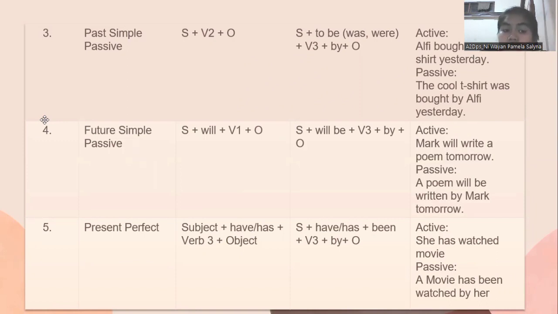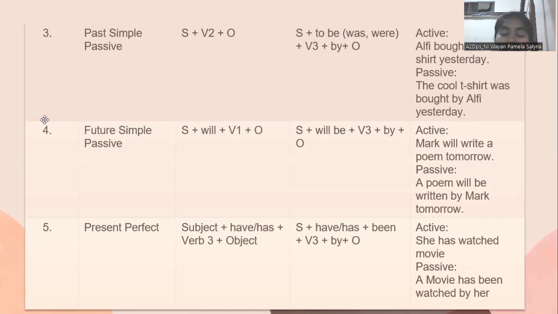Number five is present perfect. The pattern for the active voice is subject plus have or has plus verb three plus object.